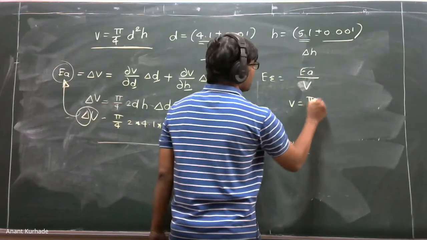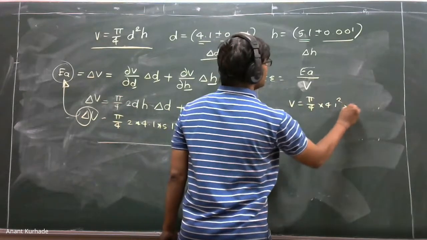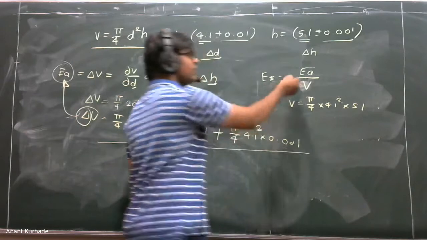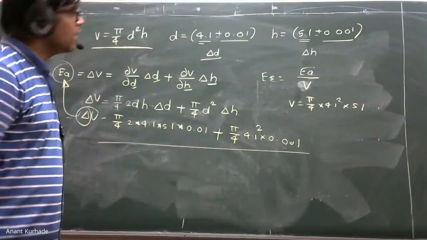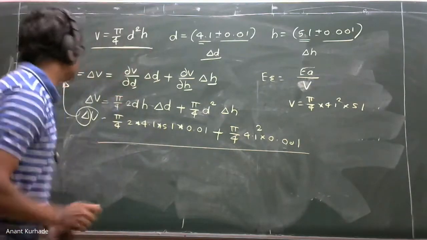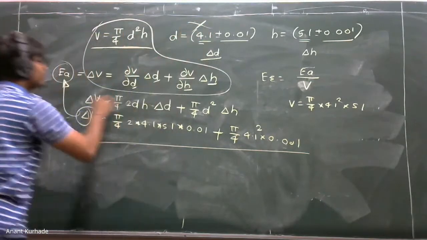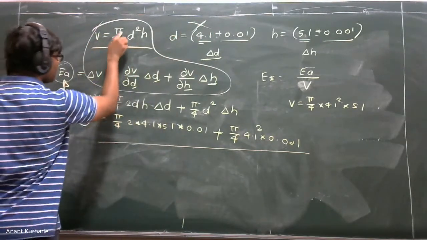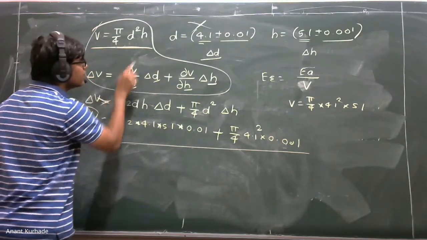Value, so it is pi by 4 into 4.1 square into 5.1. Put it here, we can get ER, and to calculate the percentage, multiply that answer by 100. Okay, we will solve this. So just note down this. This is not required. Just note down: V is equal to pi by 4 D square H. Outside, the partial derivative delta V is equal to this.